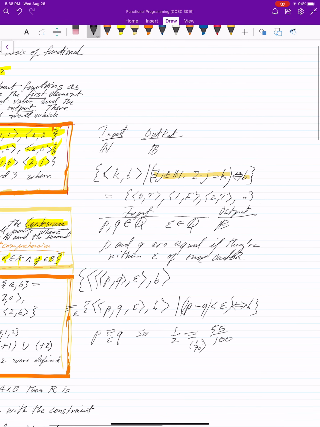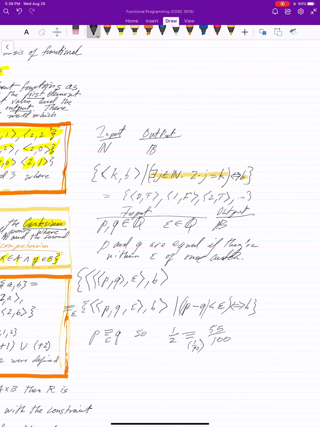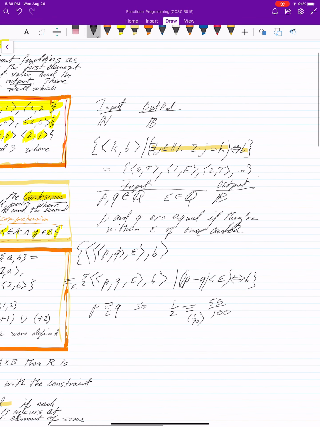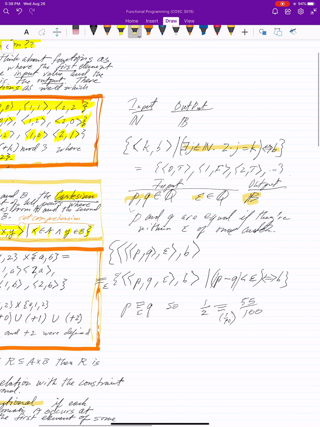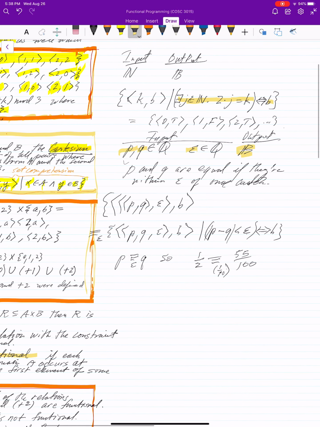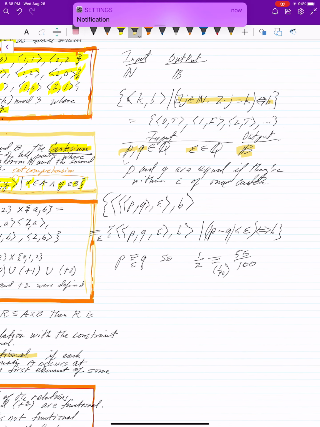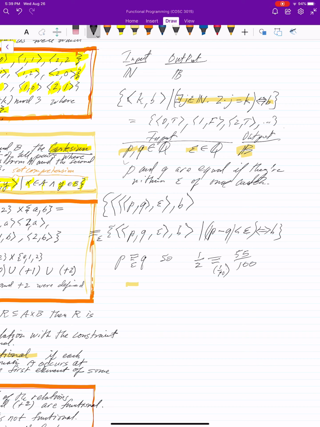That's a function that is, again, a predicate. It's mapping. The input is P, Q, and epsilon, and the output is B. So in this case, we write that equivalence epsilon.